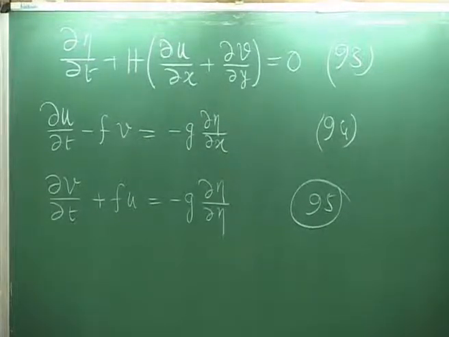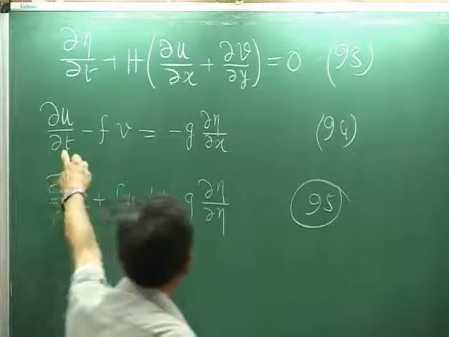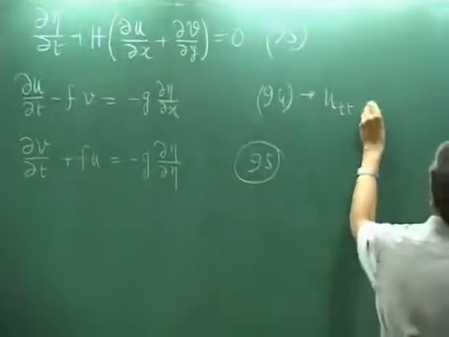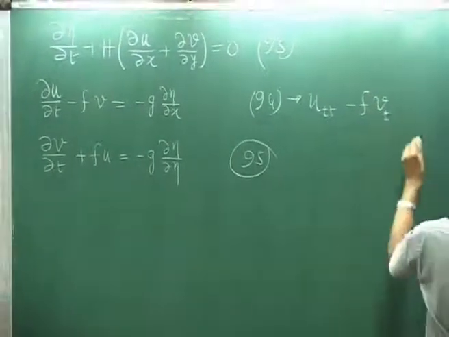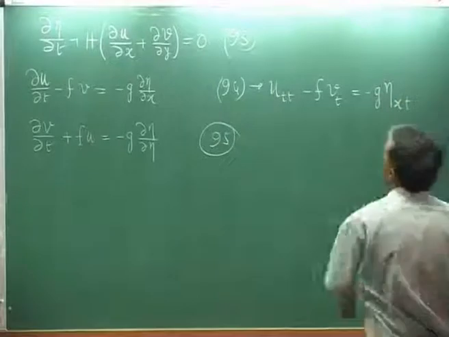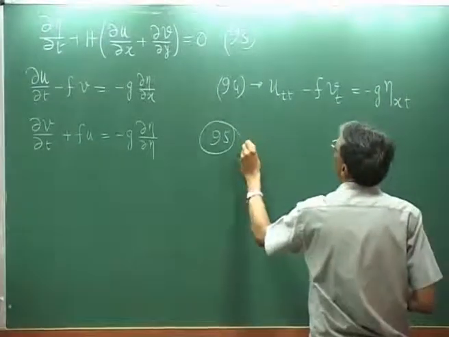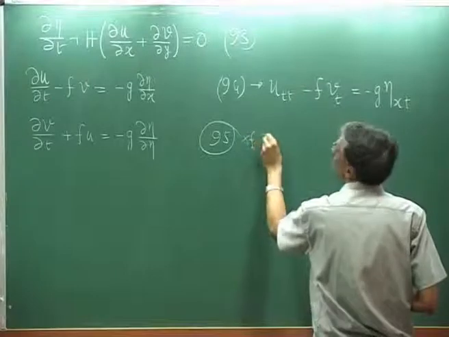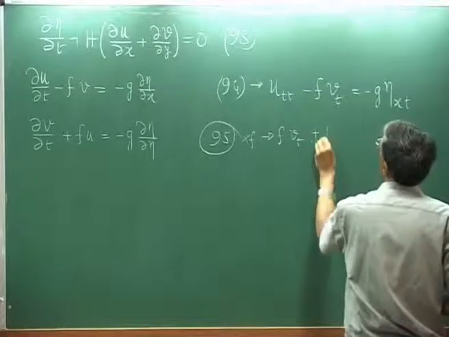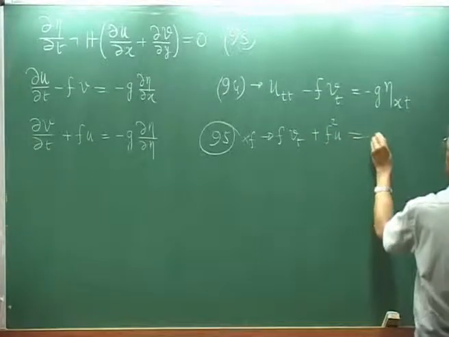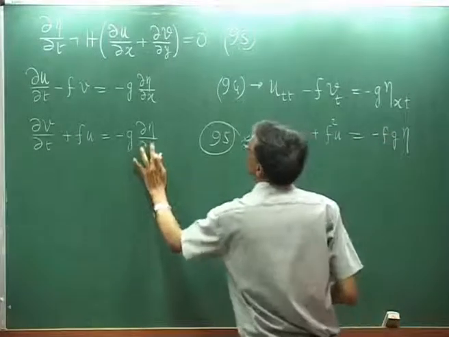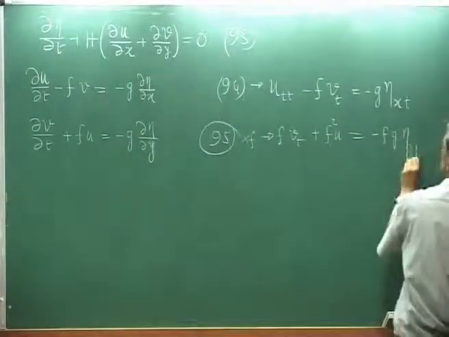what we are doing is differentiating this. I will write it as u t t minus f v t equal to minus g eta x t, right. To that we are going to add f times this. So, I will get f v t plus f square u and minus f g eta y.